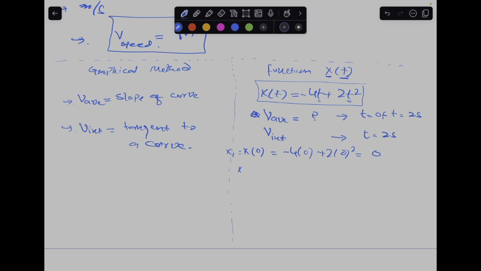So what's your x2, at t equals 2 seconds, you put t equals 2. So 2 squared is 4, multiplied by 2 is 8. So we get minus 4 multiplied by 2, minus 8, plus 8, it's 0 as well. At 2 seconds it's also 0.